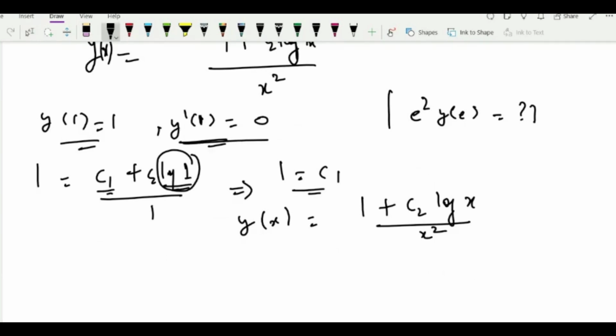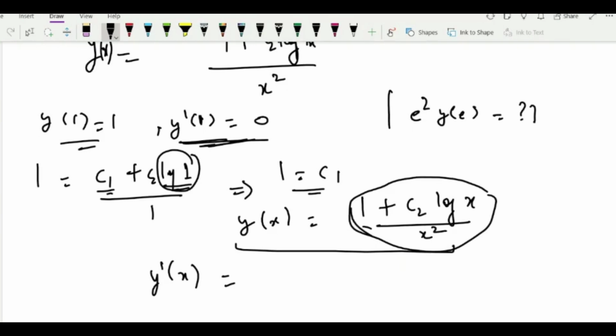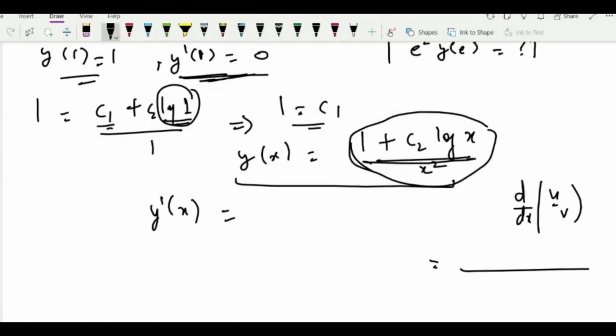And now take the derivative as we are going to put y dash 1 is equal to 0. So taking the derivative, y dash x we have to find here. For taking the derivative of this kind of equation, we apply the u by v rule. Derivative with respect to x of u by v function is equal to (v, as it is, the derivative of u, minus u as it is, the derivative of v) upon v square.